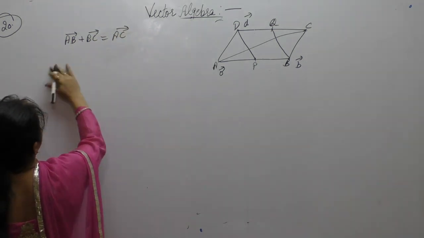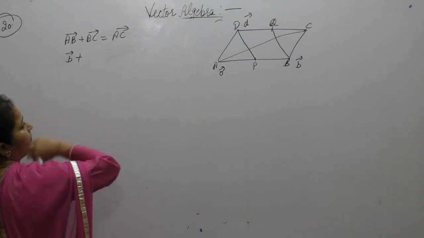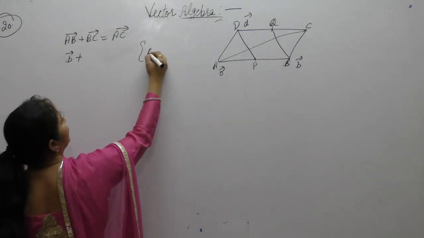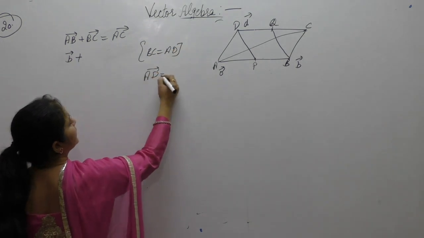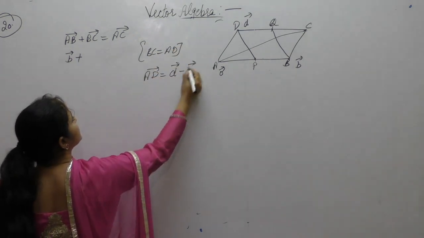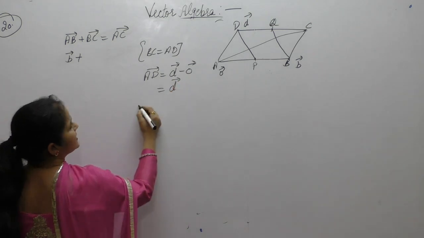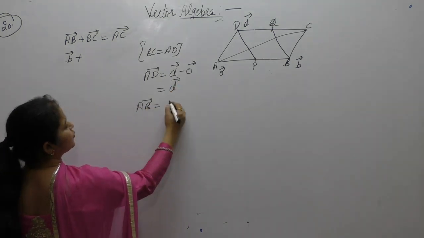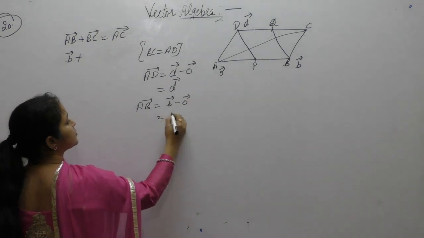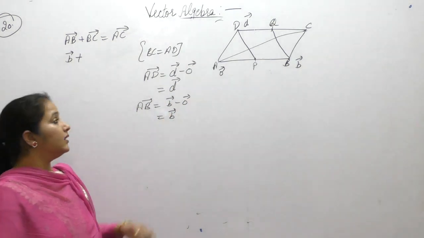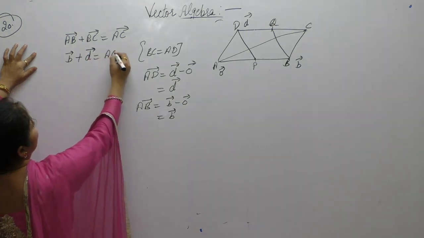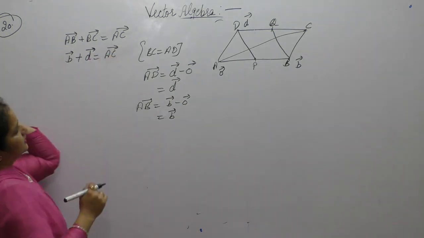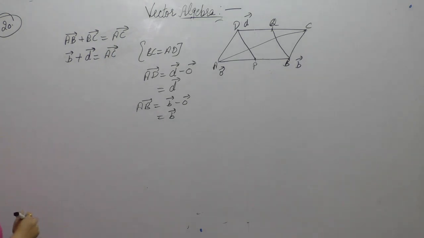AB vector has position vector B. BC is equal to AD because ABCD is a parallelogram, which is the position vector of D minus the position vector of A. So AC vector is equal to this.